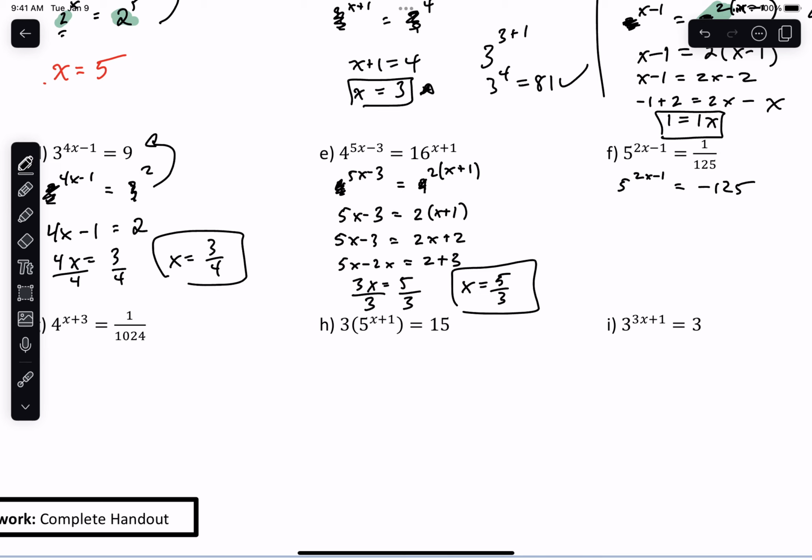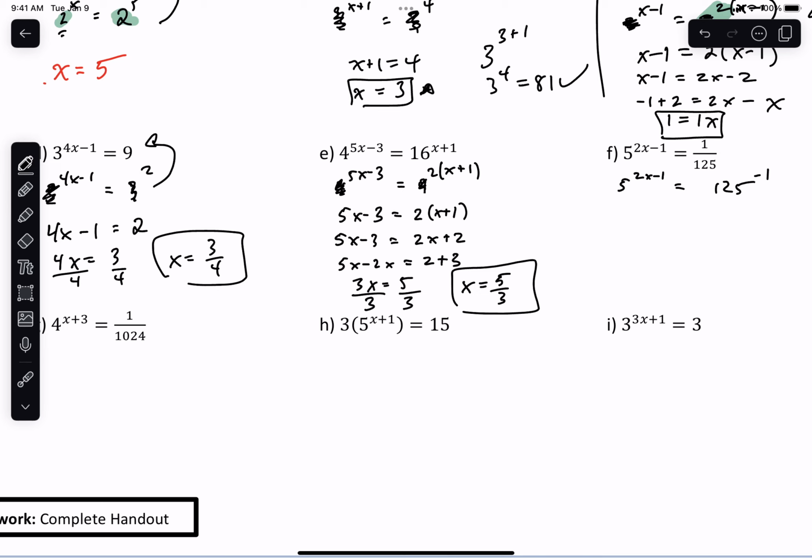So it's 125 to the negative 1. Everyone okay? You can move things from denominator to numerator anytime you want. You just need to make the exponent negative. If it's already negative, then a negative times a negative turns it into a positive.